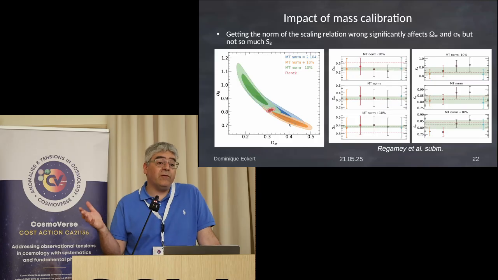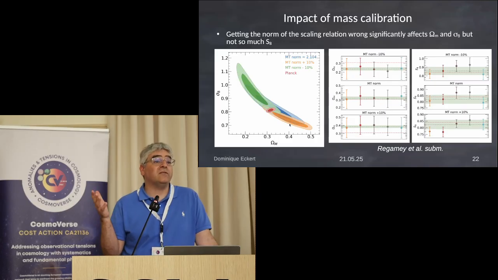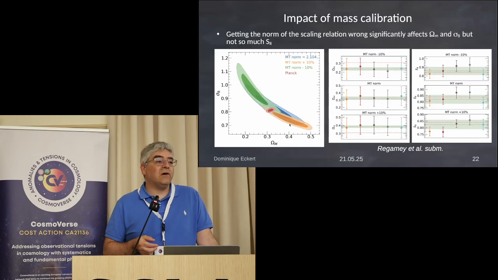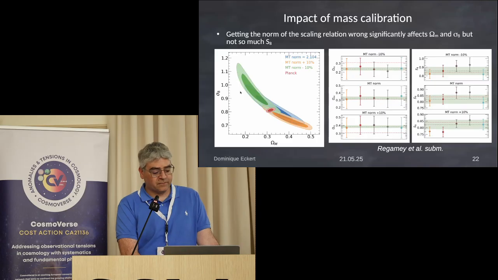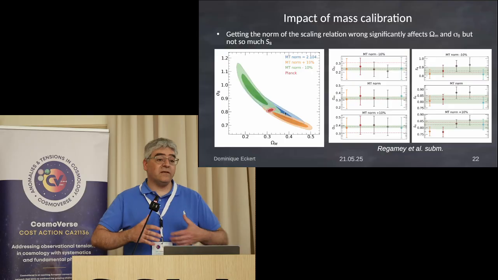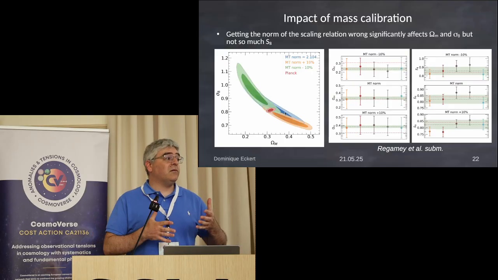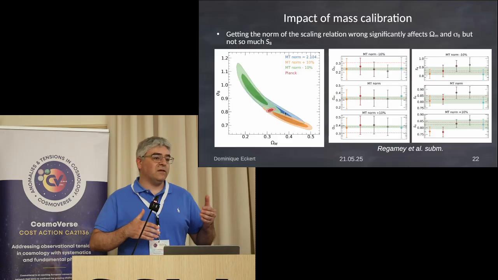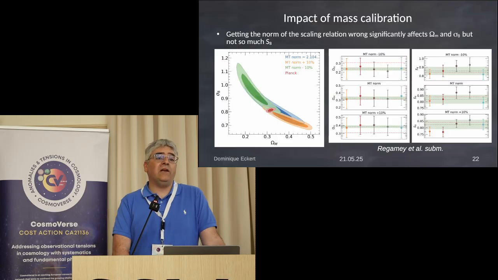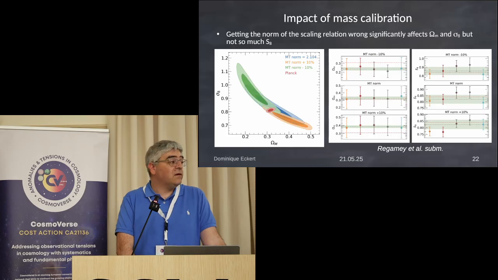And if you are at all familiar with the parameter S8 that we like to use for both cluster counts and weak lensing cosmology, then you will see that it's actually staying along this degeneracy here, meaning that with this forward modeling approach, even if you get your mass calibration slightly wrong, your S8 value is still going to remain roughly the same.